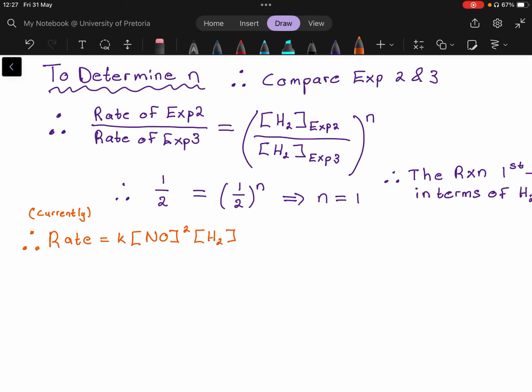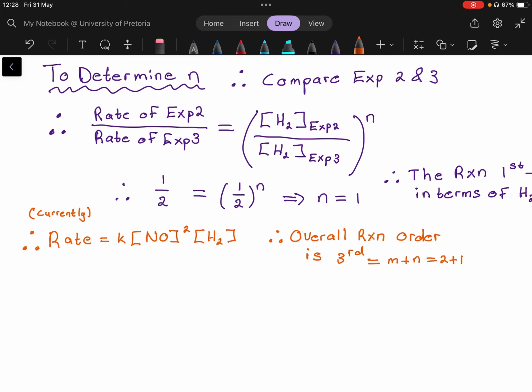We still need to determine K. So therefore, the overall reaction order is third, which is equal to M plus N, which is 2 plus 1. It's 3. So in terms of NO, it's second order. In terms of H2, it's first order.